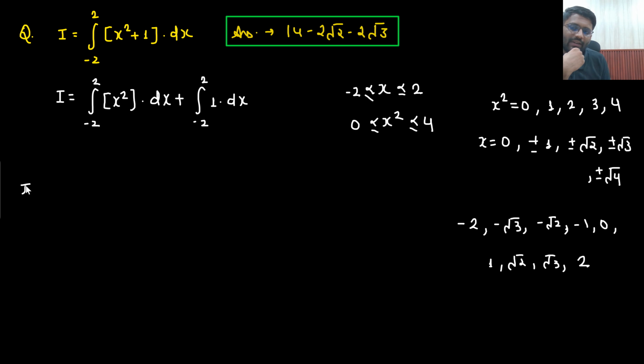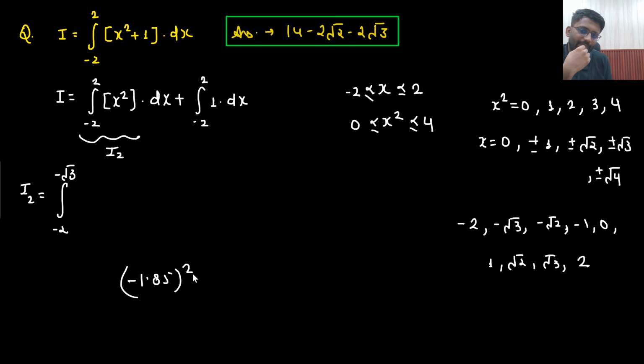Let's call this I2. We will break down I2 in this manner, from minus 2 to minus under root 3. Between minus 2 to minus under root 3, how will x square be broken down? Take any value between minus 2 to minus under root 3, let's say minus 1.85 whole square.